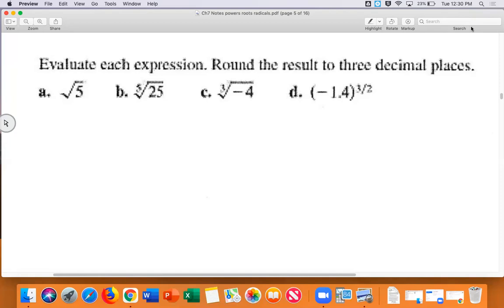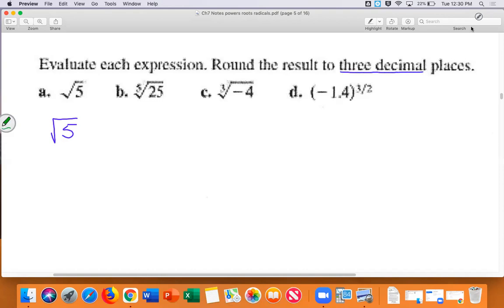Okay. All right, so here's some calculator work for you. So hopefully you guys got it. The first one I'm going to write up here says the square root of 5. Remember, rounding to 3 decimal places.